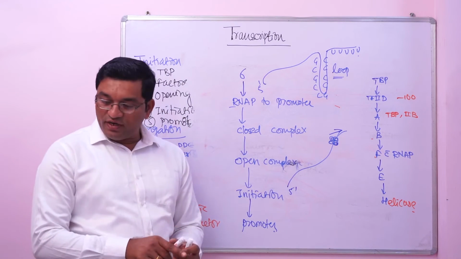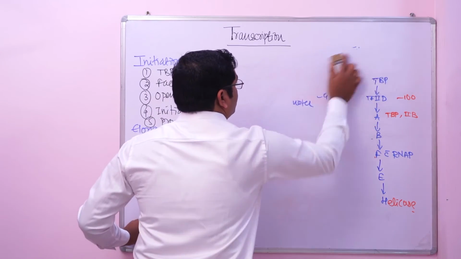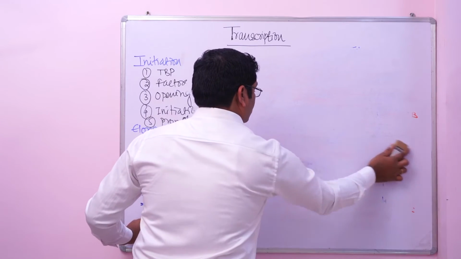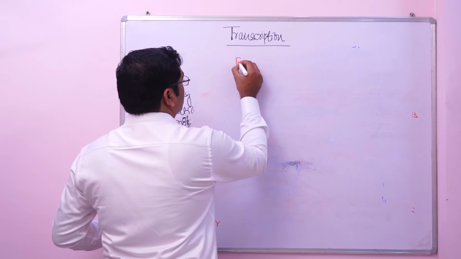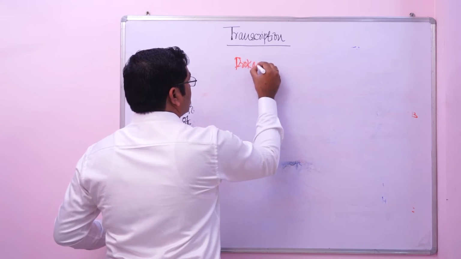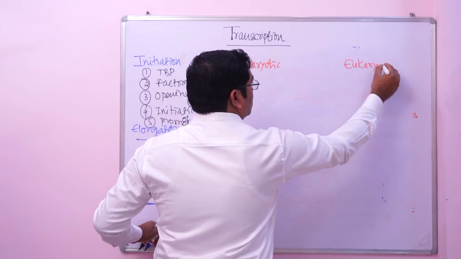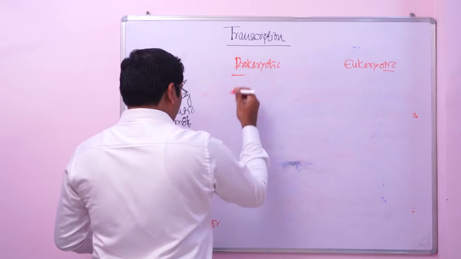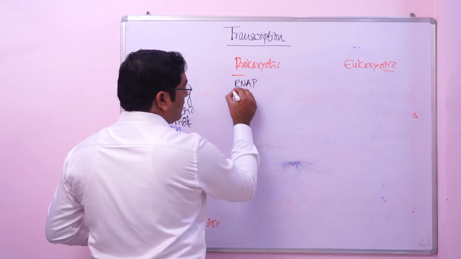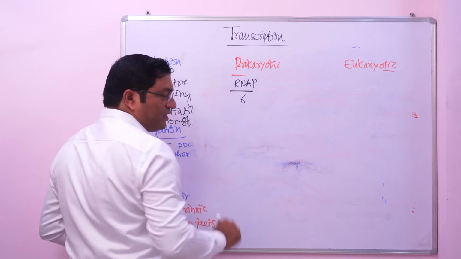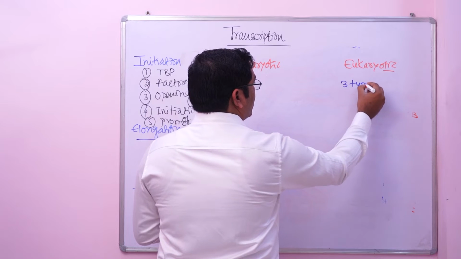So what are the different points in the prokaryotic and eukaryotic transcription? First we'll see the prokaryotic, and second is the eukaryotic. Here there is a single RNA polymerase, and the sigma unit scans the DNA molecule, while here there are three types of RNA polymerase.